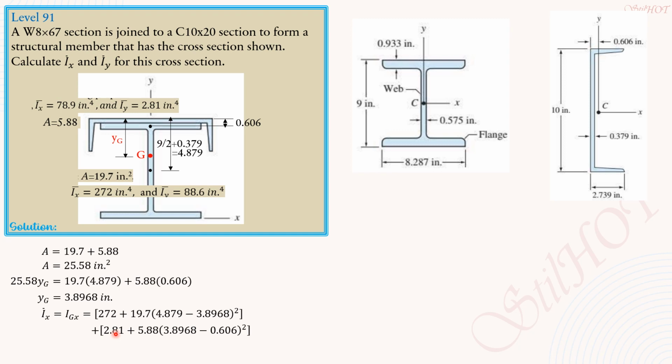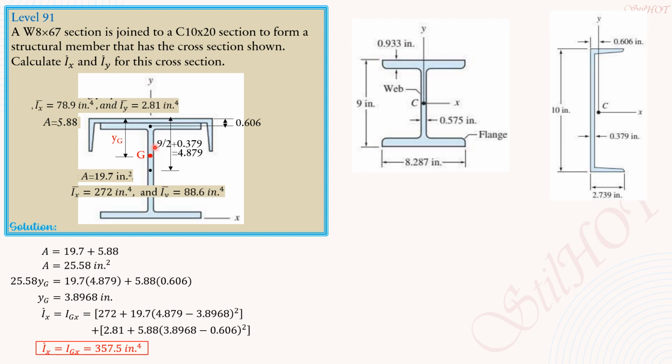Take note, this is I y of the channel because the orientation is different. This y-axis here is this horizontal axis, parallel to the x-axis. So that's the reason. So I bar x equals IGX equals 357.5 inches to the fourth.